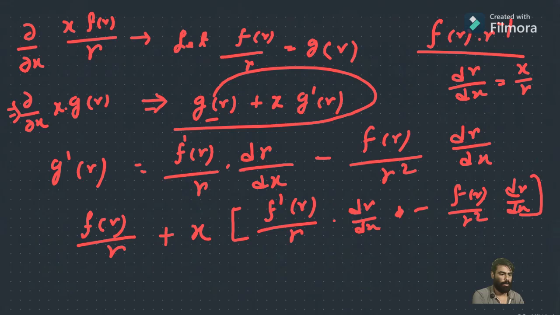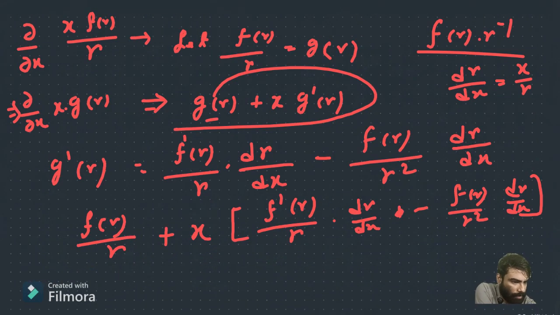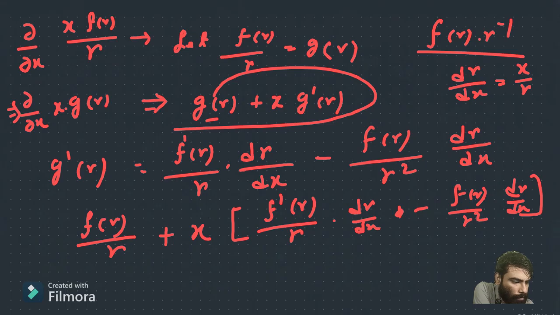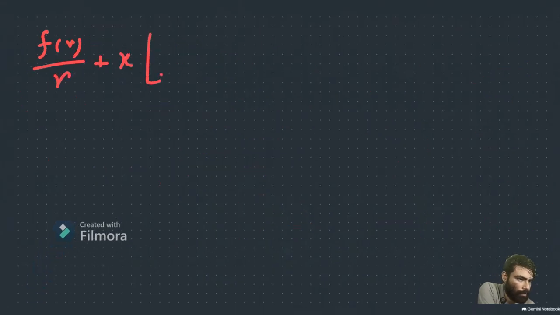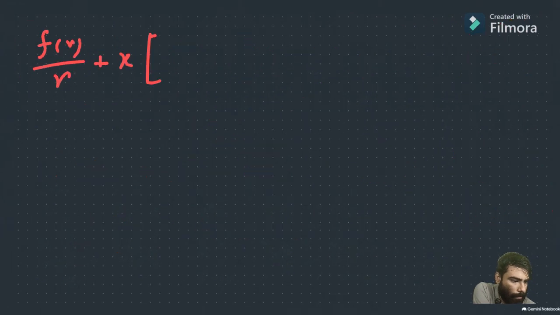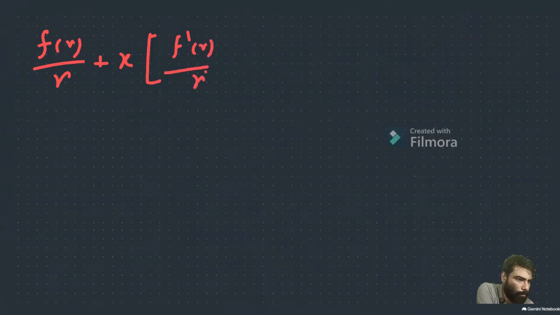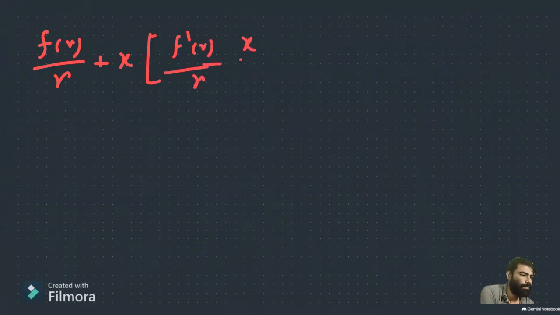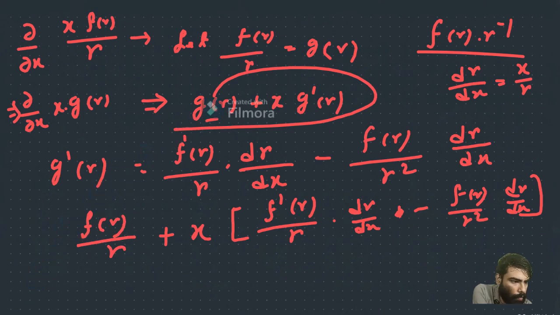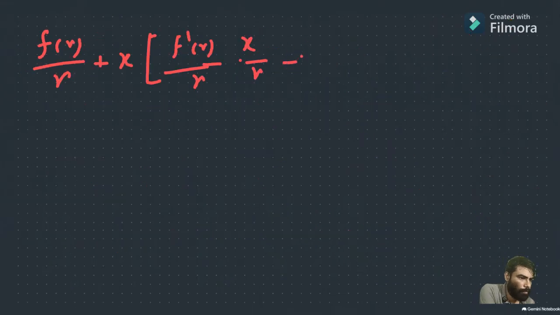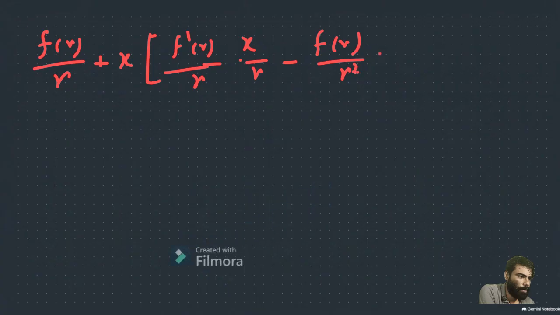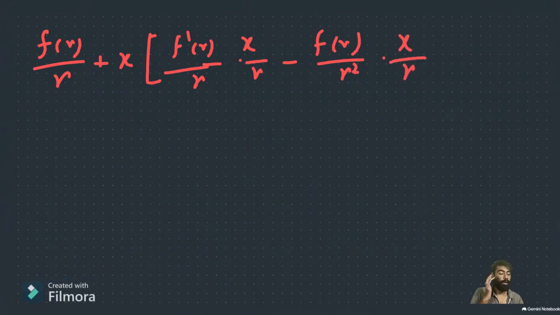Okay, let's simplify a little more: f(r) by r plus x into, with dr dx written as x by r, f prime(r) by r times x by r minus f(r) by r square times x by r. Okay, now we have seen this.